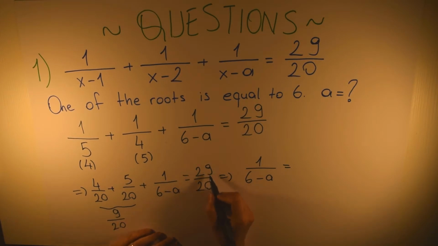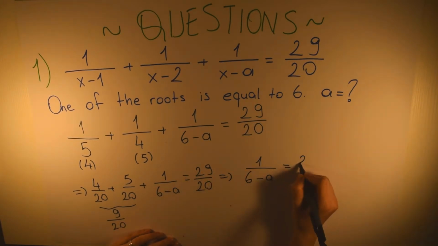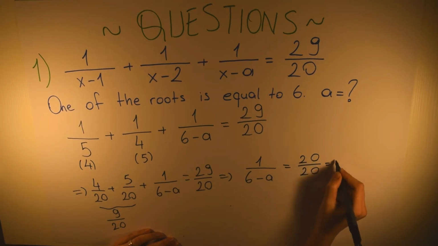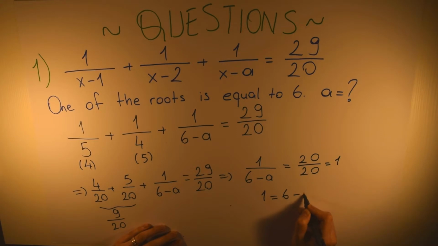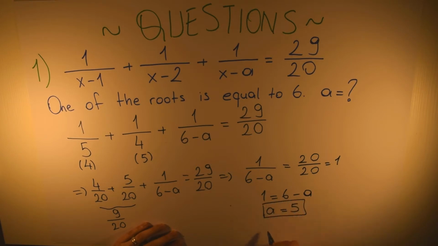So 29 minus 9 is equal to 20 over 20, and this is 1. Right? So from here, when I do cross multiplication, I will get 1 is equal to 6 minus a, and from here, when I put a here, it's plus a, and when I put this here, it's 6 minus 1, and a is equal to 5, and this is the solution for our first question.